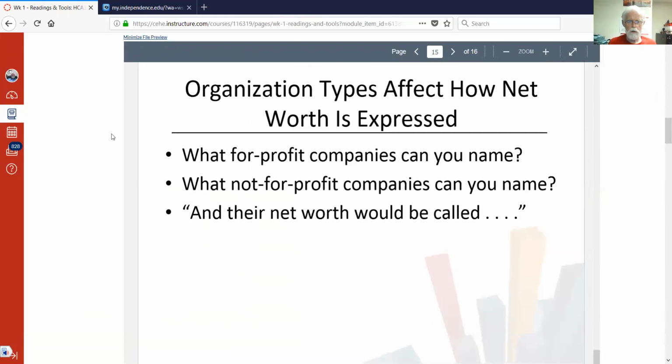For-profit companies, you can name almost any company that you're familiar with that's publicly traded, something like Apple or Microsoft or IBM. UC Health is an example of something that is set up as a not-for-profit.